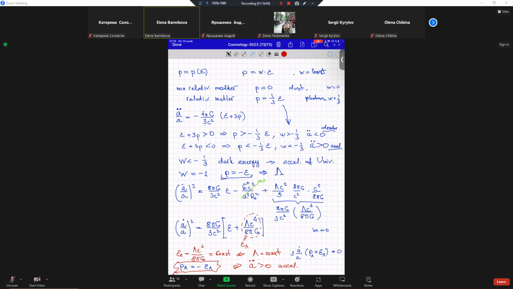Because in principle, as you already understand, in this epsilon we need to put some components of the universe: non-relativistic matter, relativistic matter, dark energy, and we can consider how they will compete with each other.